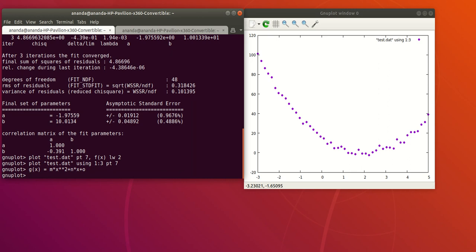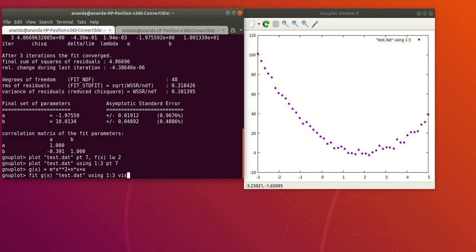And in order to fit this, what I would do is I would say fit followed by name of the function followed by the name of the data file, including the using specifier to tell me what exactly do I want to fit. By the way, I could have used u instead of using here. That would have worked fine.